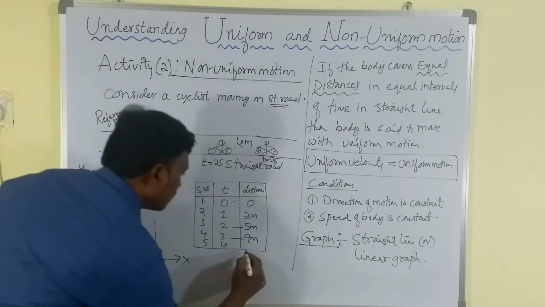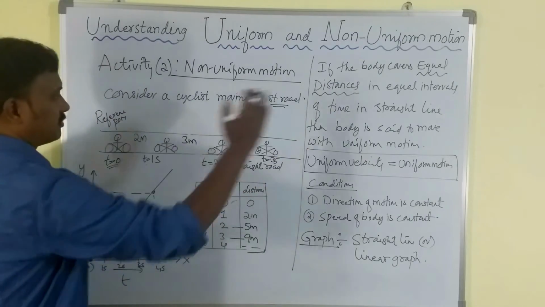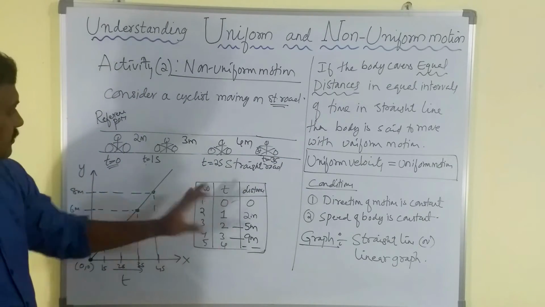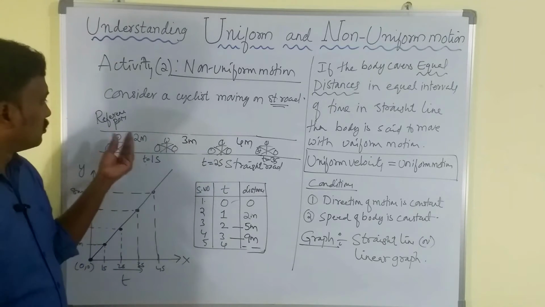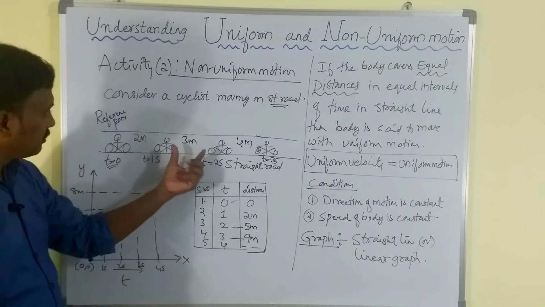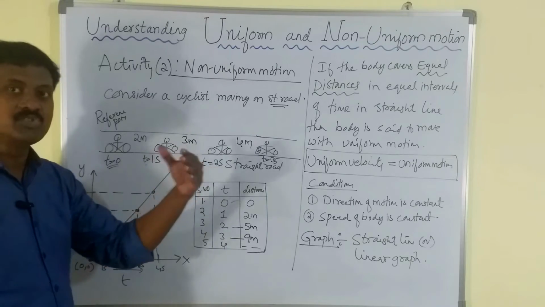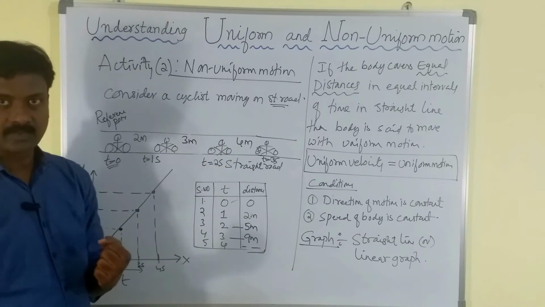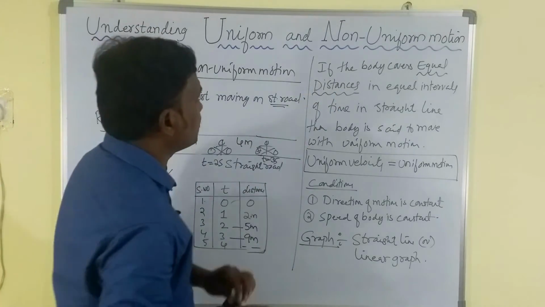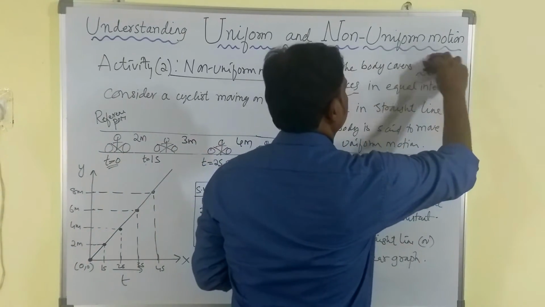And so on the vehicle. So here the cyclist is moving with 2 meters in the first second, in another second 3 meters. That is, the distance is changed, the distance is increasing, and next it has covered 4 meters. So what kind of changes we bring here? Only one thing.